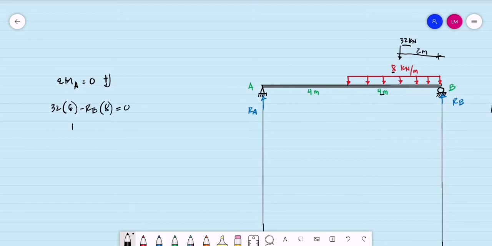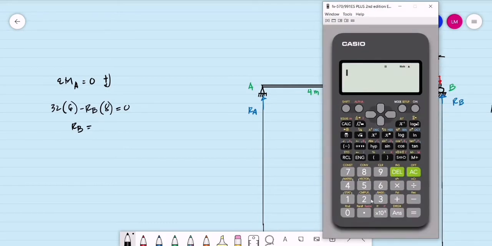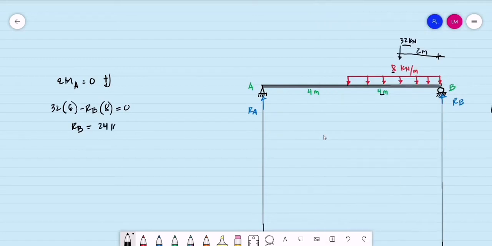So we have the reaction at B equal to 32 multiplied by 6, divided by the span of the beam, that is 8 meters. So we have 24 kilonewtons. Then the reaction at A, by summation of vertical forces equal to 0, assuming upward forces to be positive.